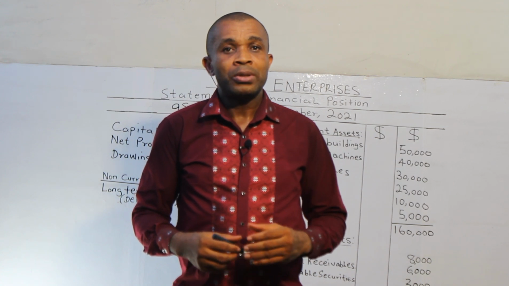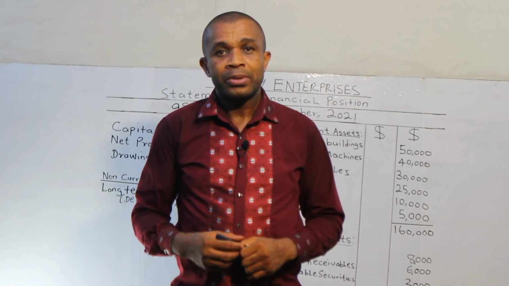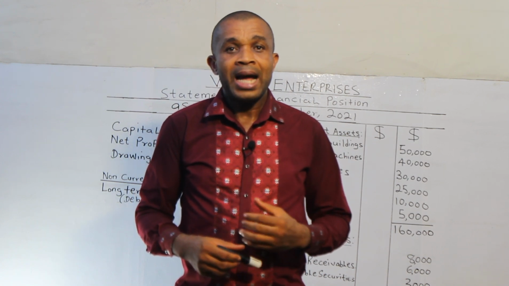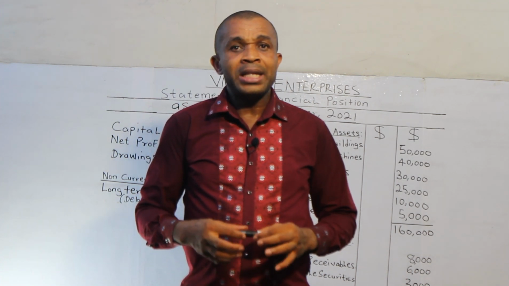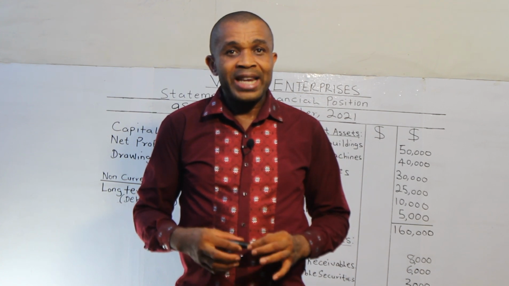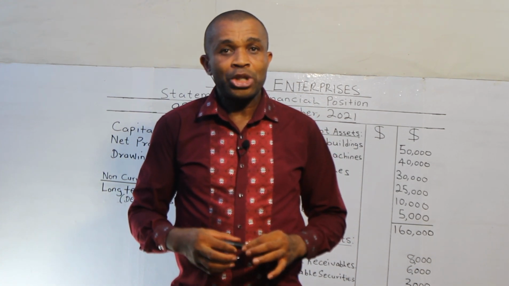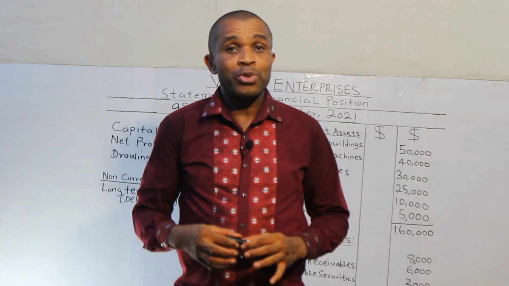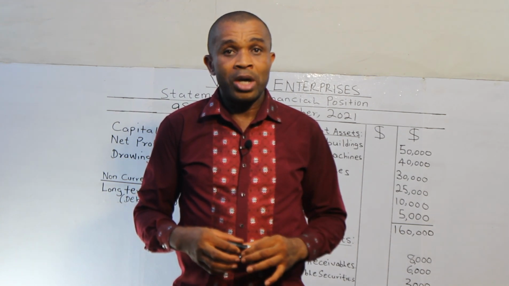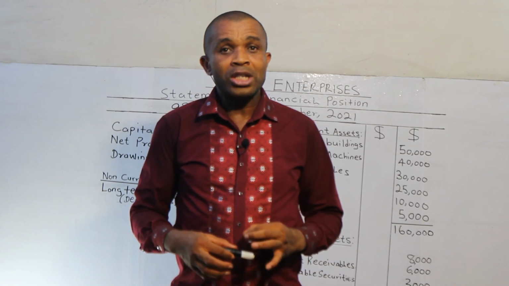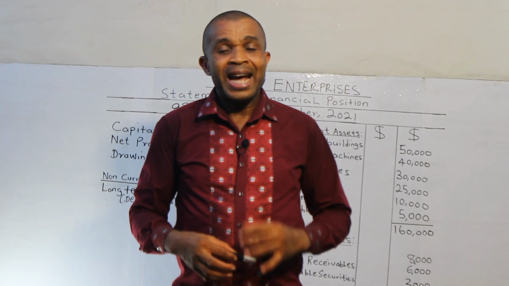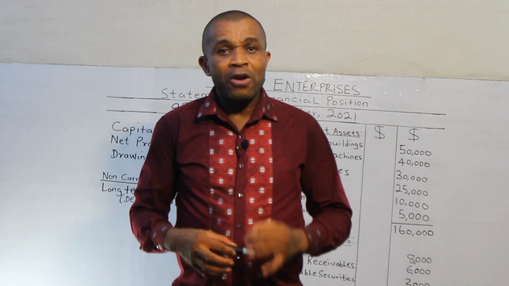They include account payables, short-term debts, overdrafts, and accruals. These areas of finance are short-term in nature, since they are expected to be offset within an accounting period. Just like the current assets, they are easily convertible.